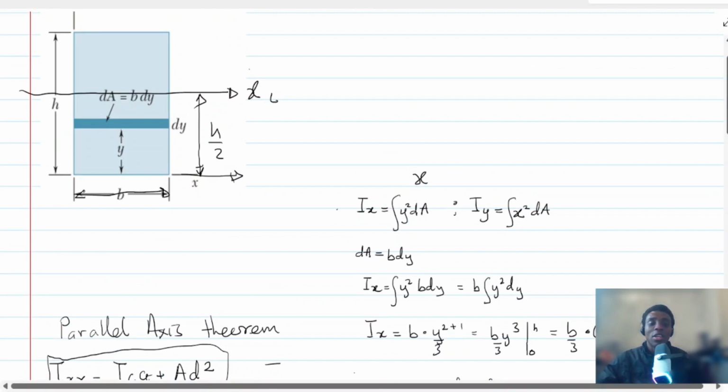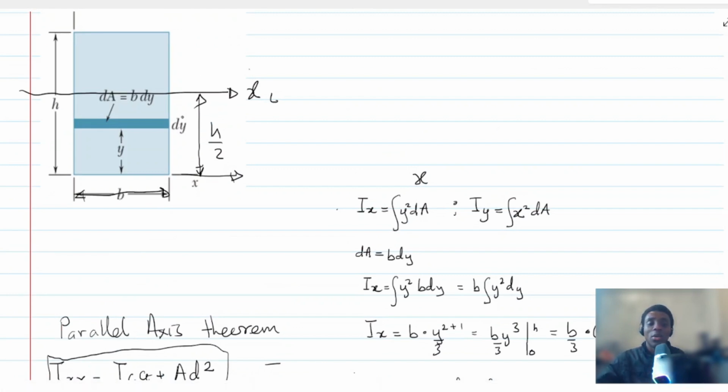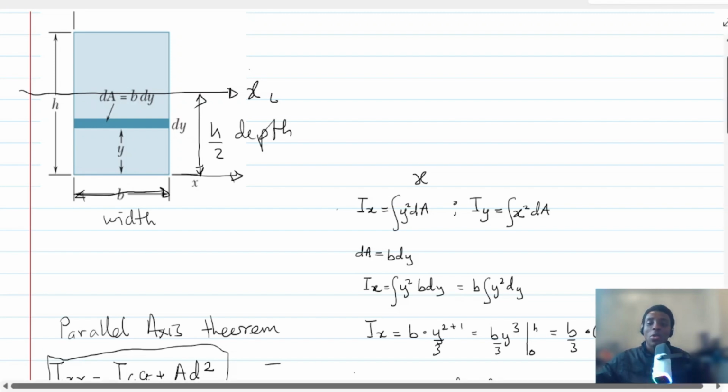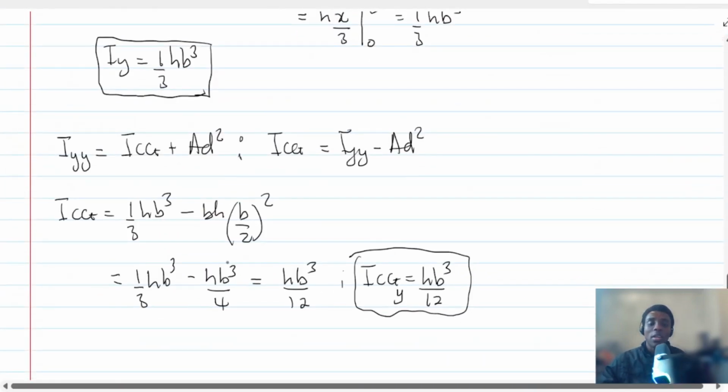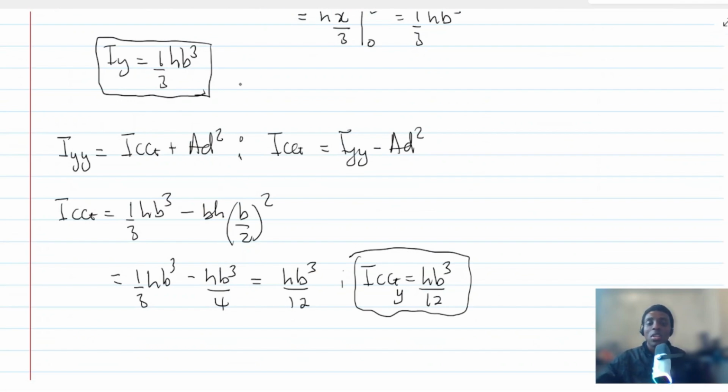Sometimes some people call the b the width, and then the h, they call it the depth. Okay, but then if you are looking at the y-axis, this formula will turn around, and then instead of 1/3 b h cubed, it becomes 1/3 h b cubed.